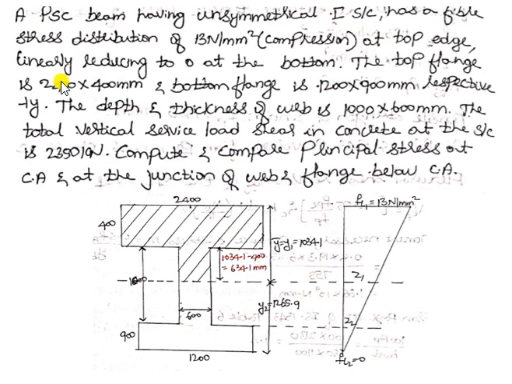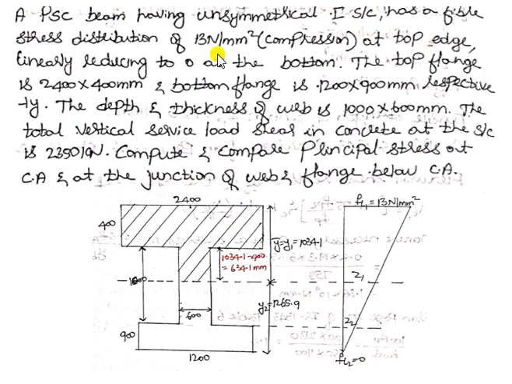So the details of a section are given. The top flange is having a width and depth of 2400 by 400, the depth and width of web is 1000 by 600, and here the bottom flange is having width and depth of 1200 by 900. So the stresses at top fiber and bottom fiber are given.